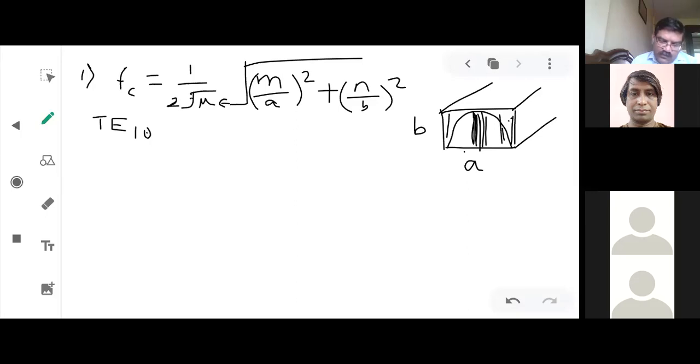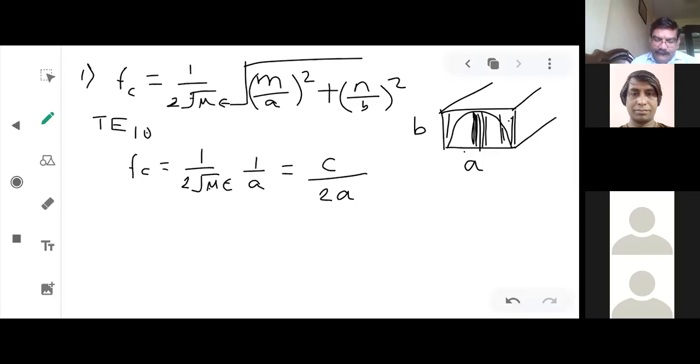Now if I substitute these values in the cutoff frequency formula, what am I going to get? 1 by 2 root of mu epsilon, and it becomes 1 by a, because n is 0. I can rearrange this, and 1 by root of mu epsilon can be written as c. So it becomes c divided by 2a, provided the medium inside the waveguide is air.